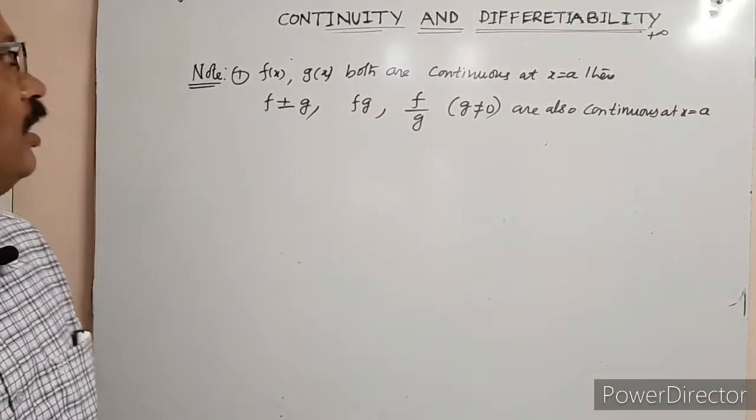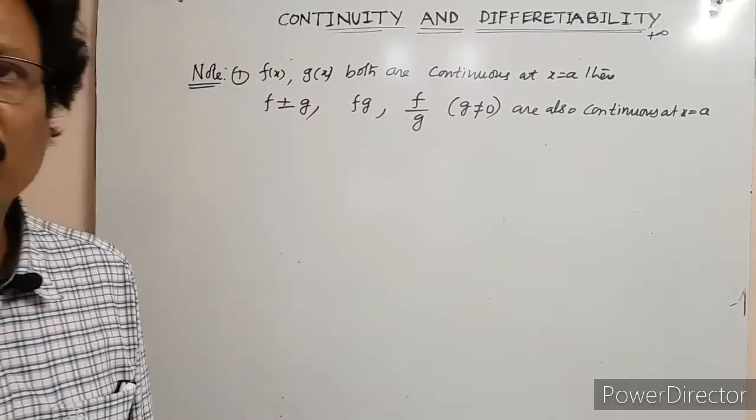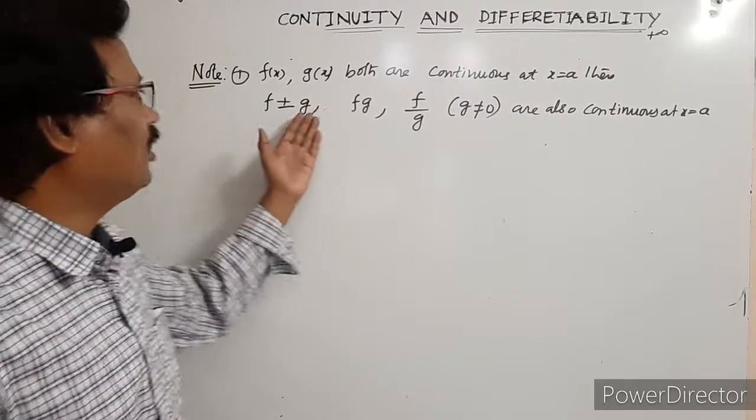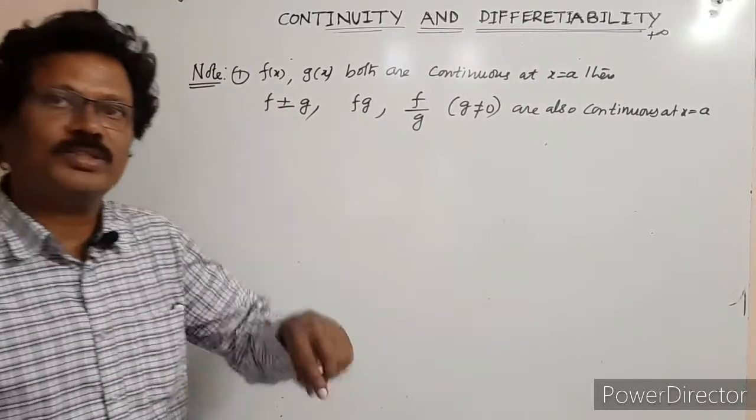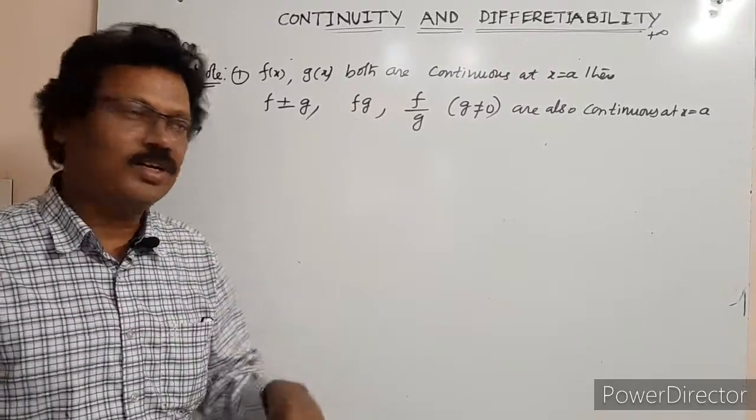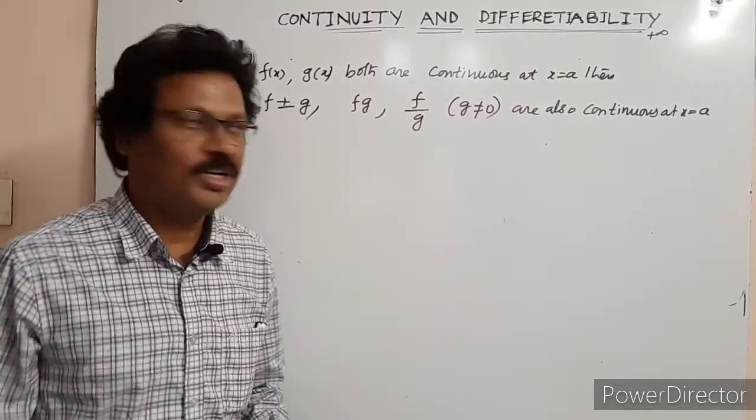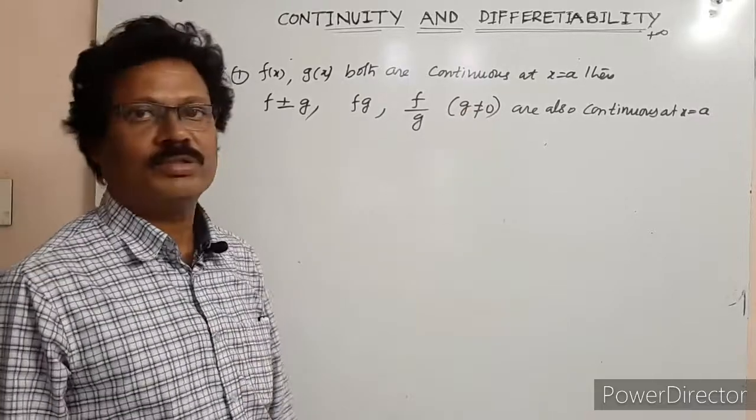Right, what is given here? Both are continuous, then f plus g is also continuous, f minus g also continuous, f into g continuous, f by g also continuous, where g is not equal to 0.